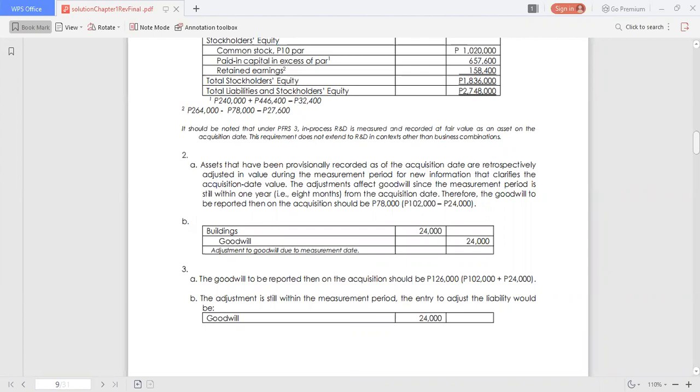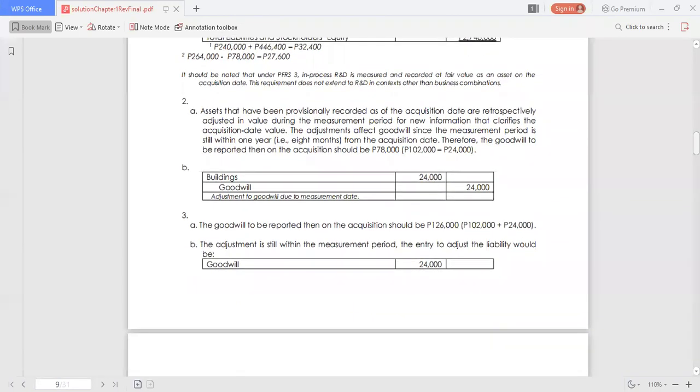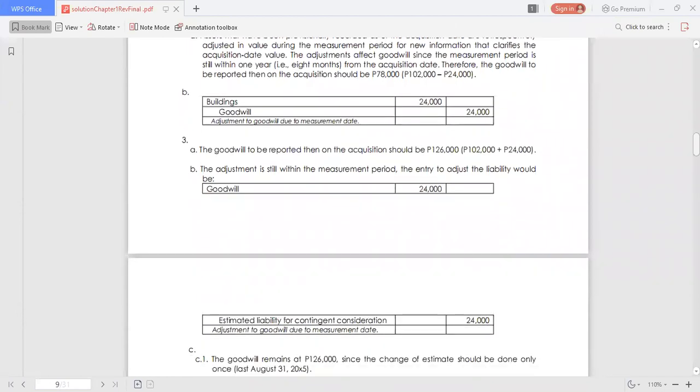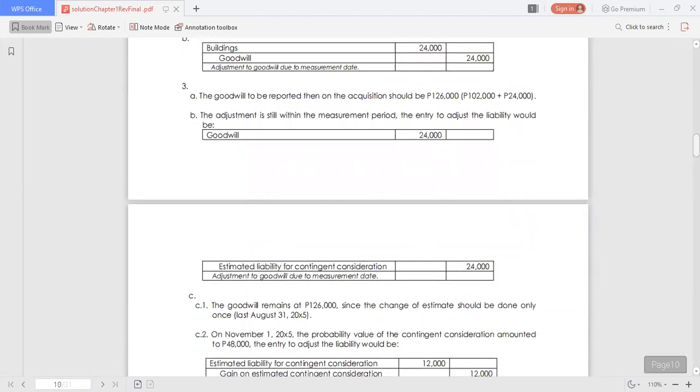So we now have in requirement the goodwill to be reported on the acquisition should be 102 plus 24. So the contingent consideration as stated is made equal to 60,000. So we now debit goodwill for 24,000.